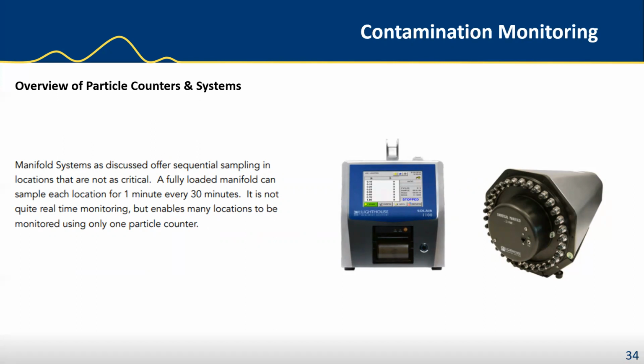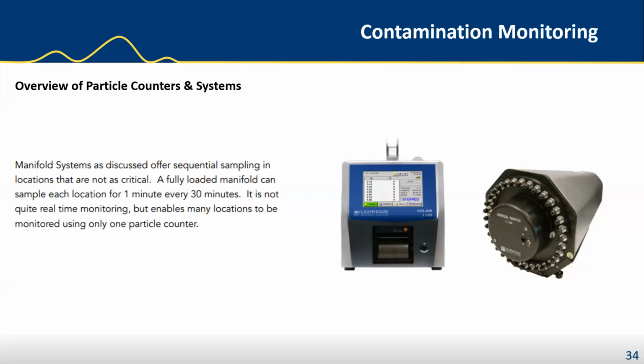And that, based on your risk assessment, may be adequate for your process, that every 30 minutes you see the particle counts in those locations. So in some processes, that level of monitoring frequency is acceptable. So choosing the monitoring frequency and the type of monitoring equipment should be determined, as I said, using the risk assessment.